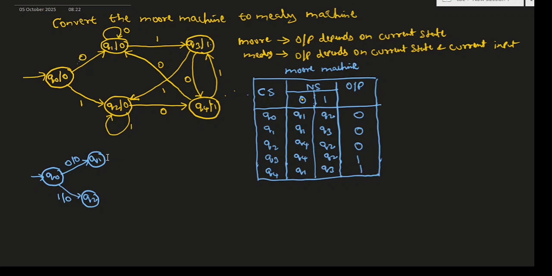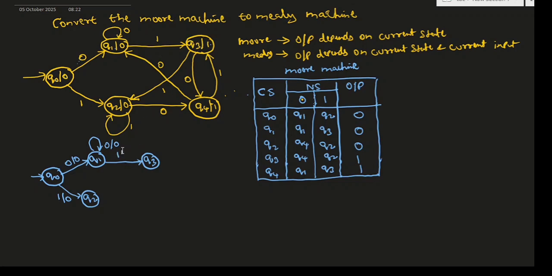Now coming to the next one. In Q1, when 0 is applied, it comes to Q1 itself. But what is the output for Q1? It is 0. So I write 0 comma 0. In Q1, when 1 is applied, it goes to Q3. The output for Q3 is 1.